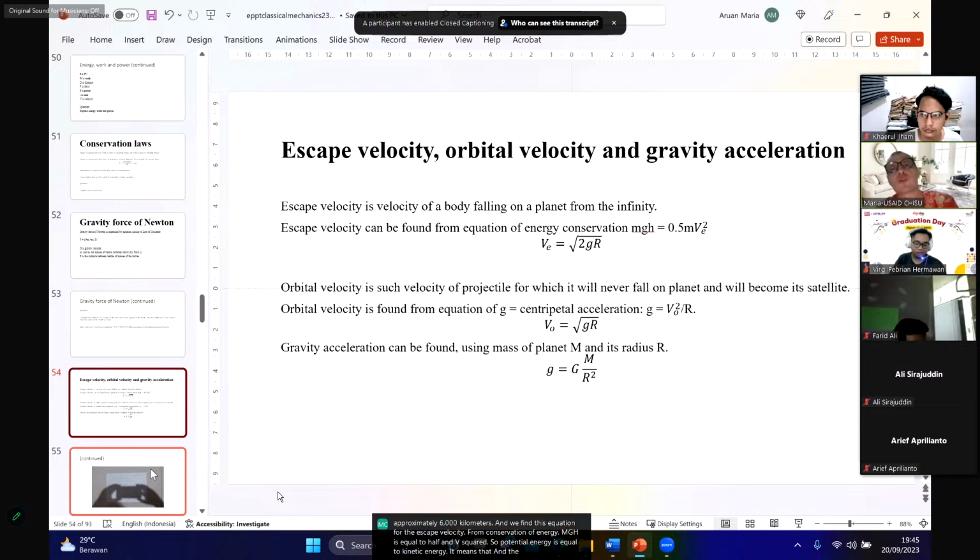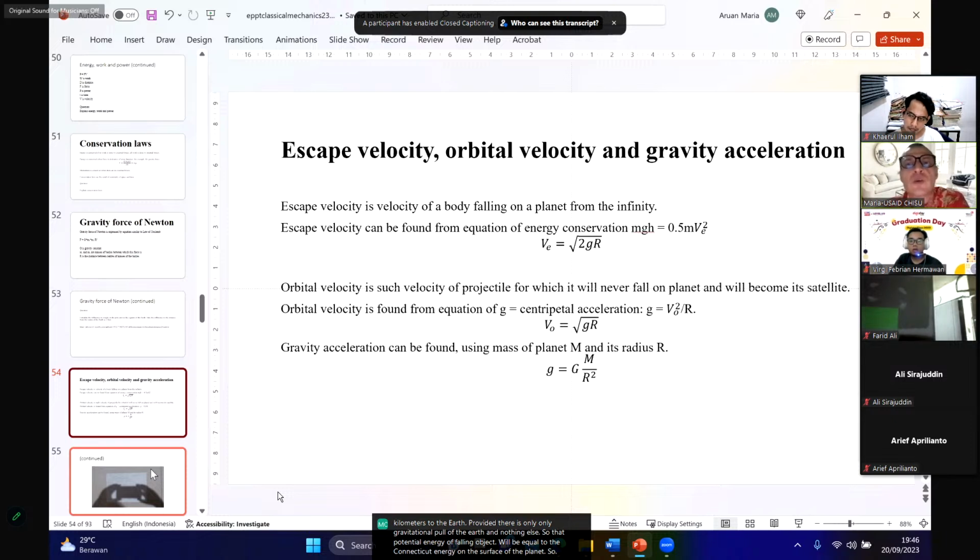It means that the escape velocity will be the same as if we drop this object, let's say a satellite, from very, very far, let's say from millions and billions of kilometers, to the Earth, provided there is only the gravitational pull of the Earth and nothing else. So the potential energy of the falling object will be equal to the kinetic energy on the surface of the planet.